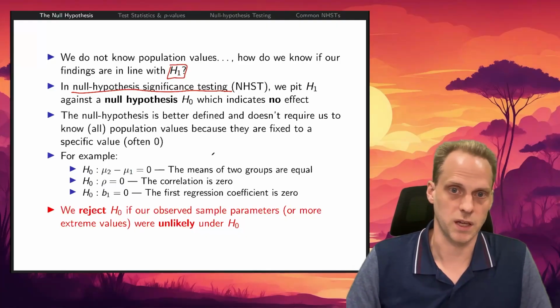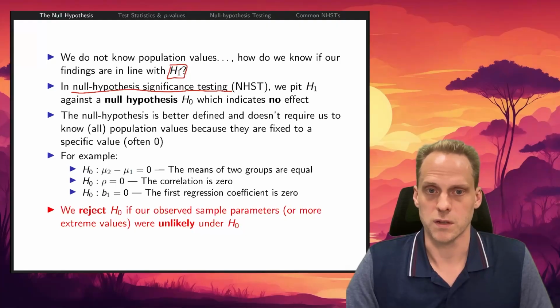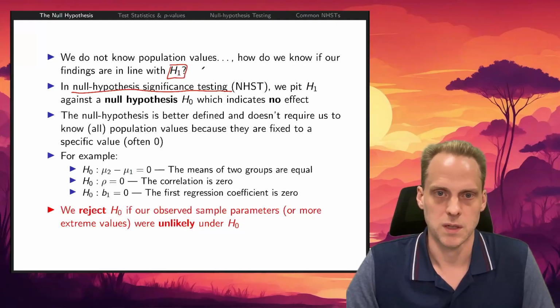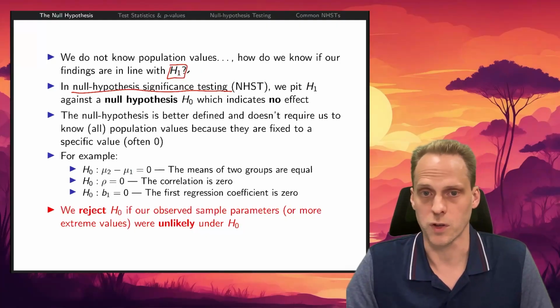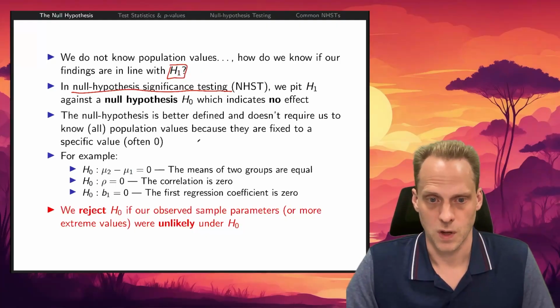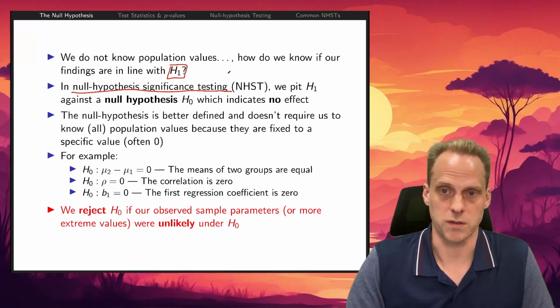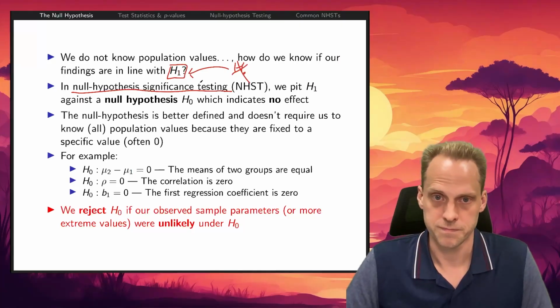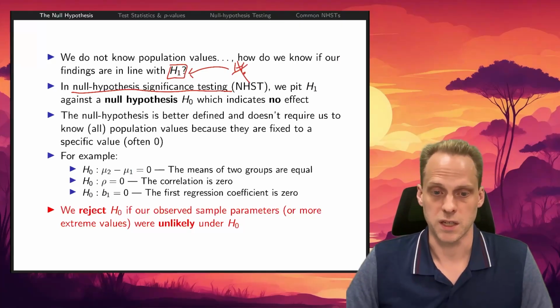This says, okay, we hypothesize an effect is not 0. There is a relationship. But since it's hard to look at that, we don't know what it is, we look instead at trying to reject H0. We first look at the null hypothesis, and if that's rejected, we accept the alternative hypothesis, which is the idea here.